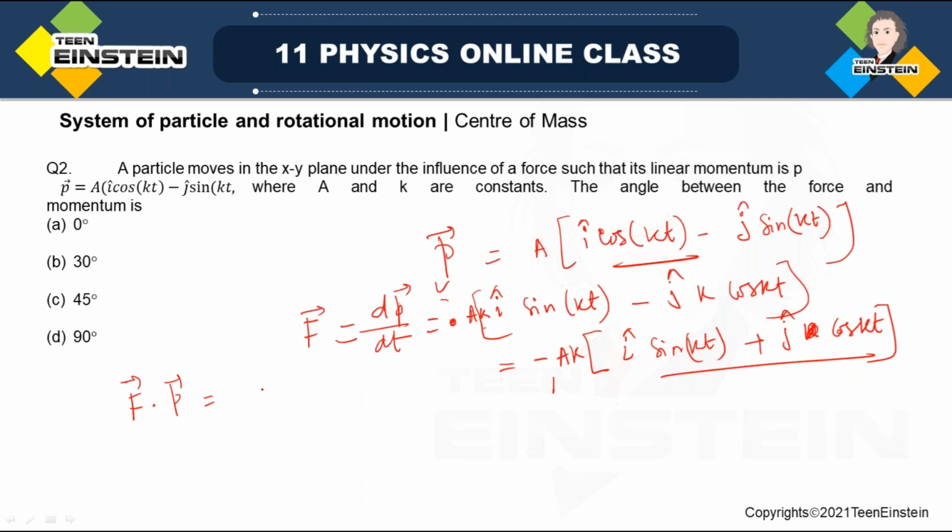F dot P: F is here, i dot i is fine, so we get a k cos kt sin kt. Then similarly, if we multiply j with this, i dot j will be zero, so those cancel.